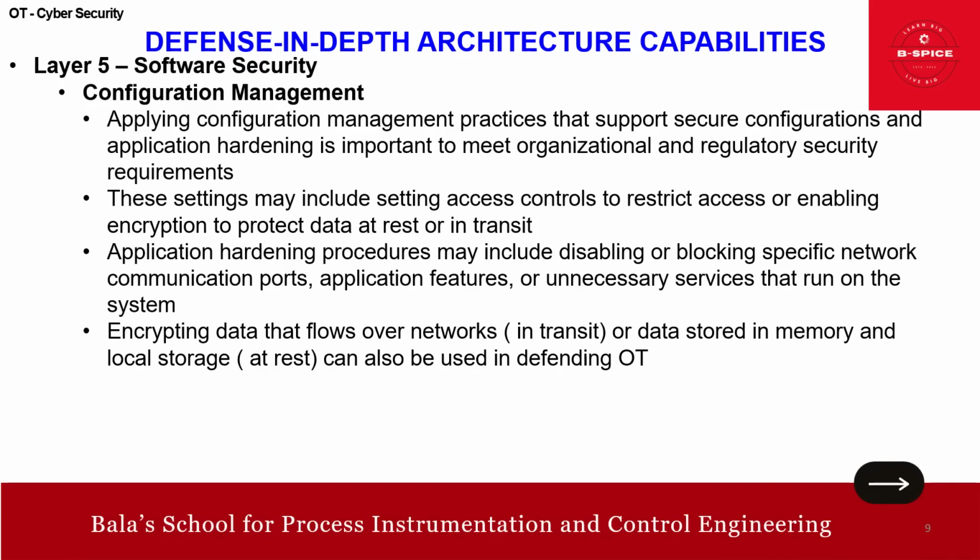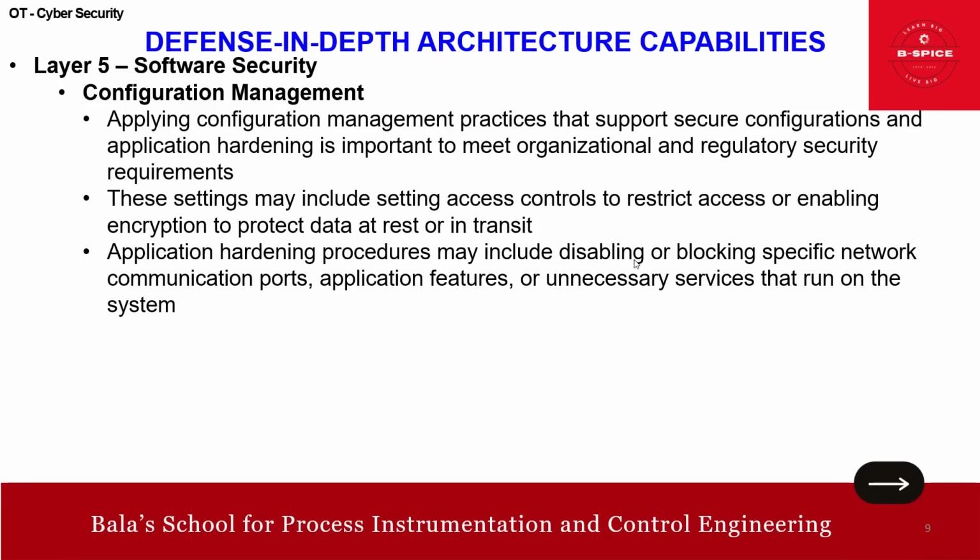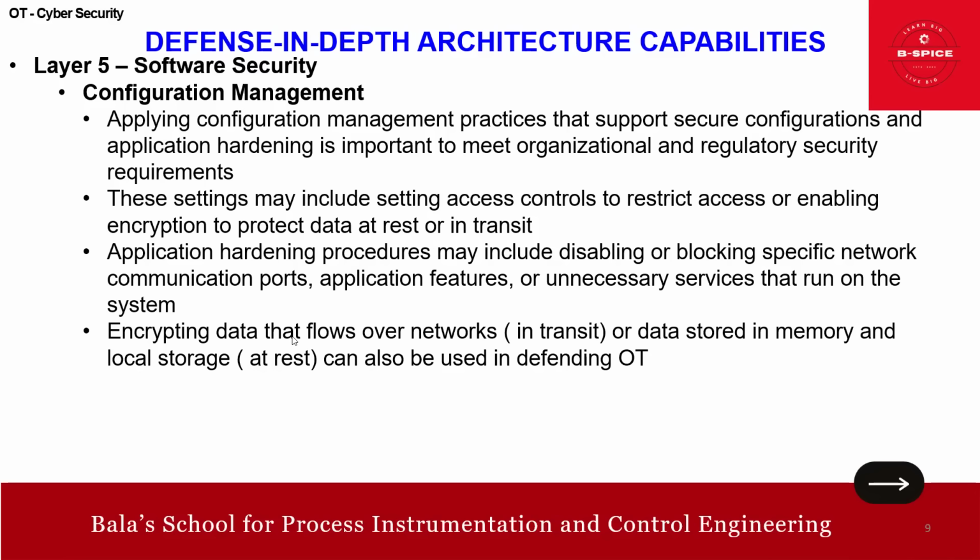Okay, so application hardening procedures may include disabling or blocking specific network communication ports, application features, or unnecessary services that run on the system. Encrypting the data that flows over the network, whether it's in transit or data stored in memory or in local storage at rest, can also be used in defending OT.